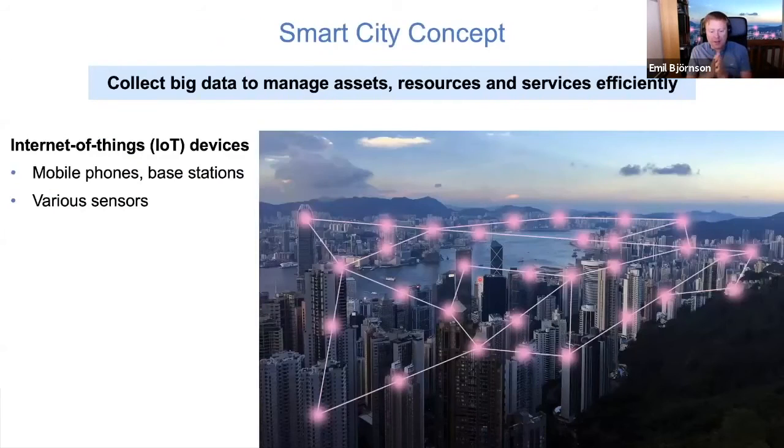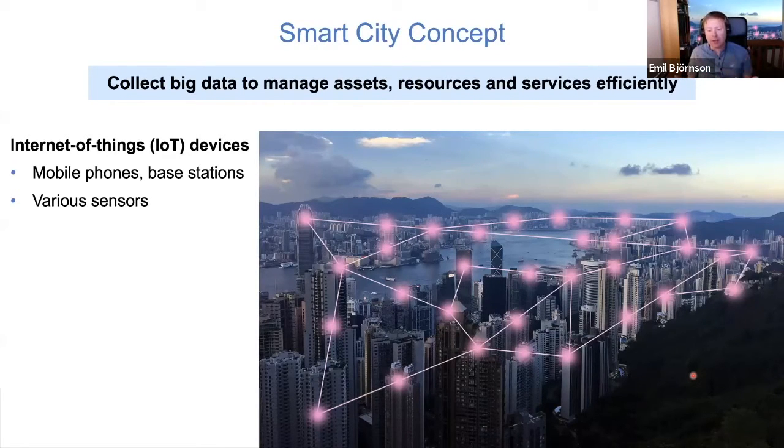But what is then the idea of this programmable world, and what does it do with this wave propagation? Well, there is this concept of smart cities that people are more and more engaged in, where the idea is that you try to connect as much information in a society as possible. Say that you have a lot of different sensors, assets, resources, and services in a city like Hong Kong here, and you would like to manage them as efficiently as possible.